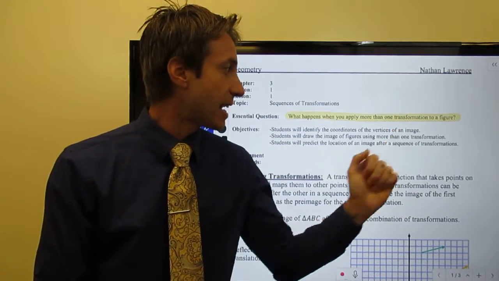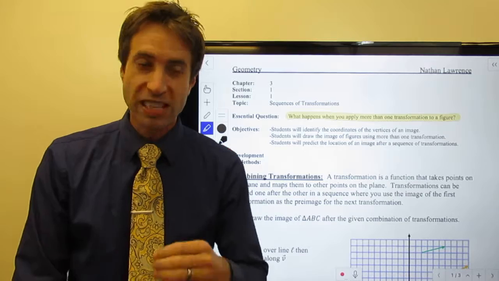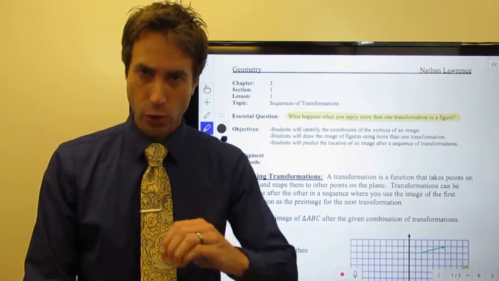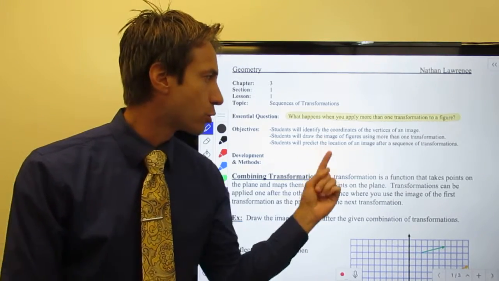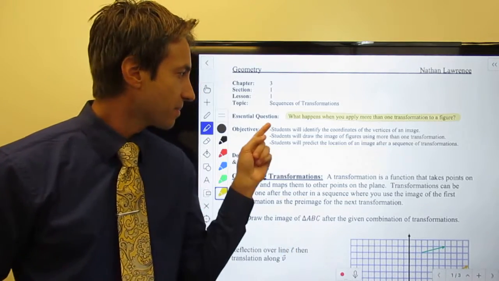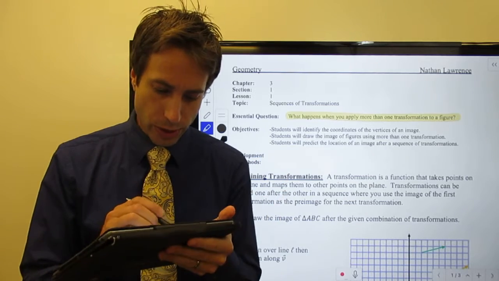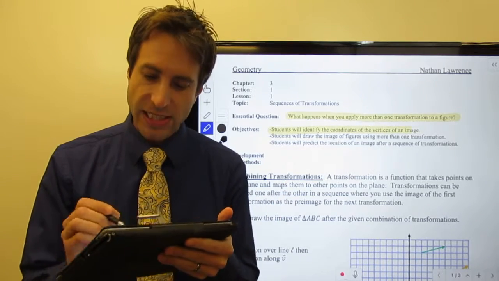In order to answer that essential question, there are several things that you'll need to know how to do. Those are going to be our objectives. As we go through these notes, these are the things we're going to learn how to do. Students will identify the coordinates of vertices of an image.